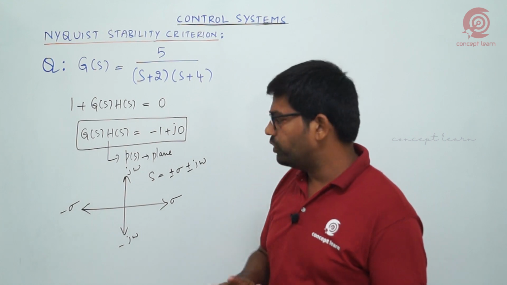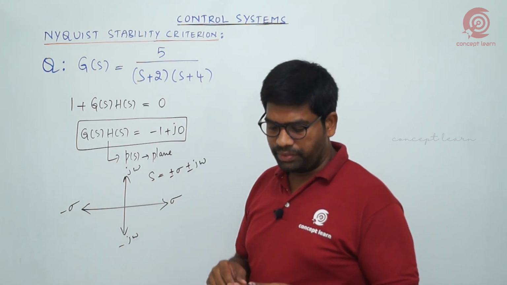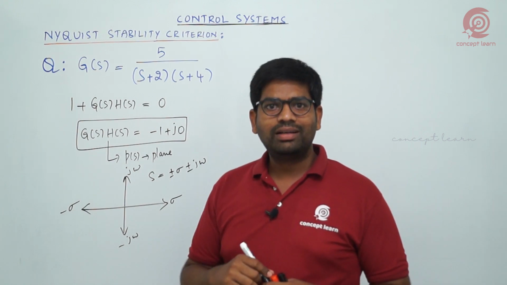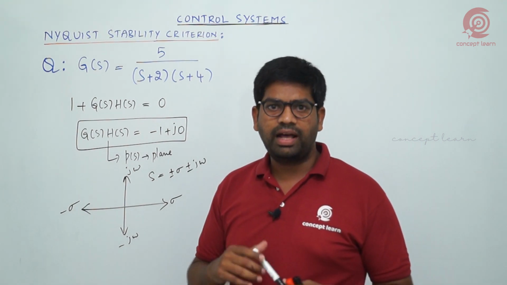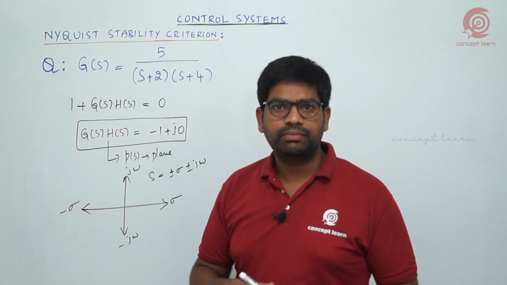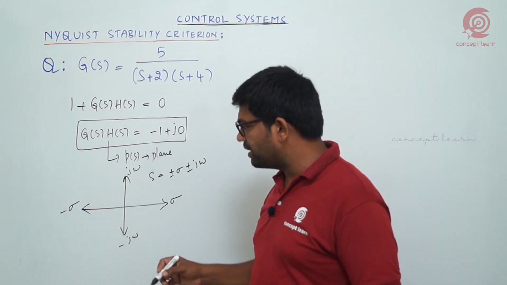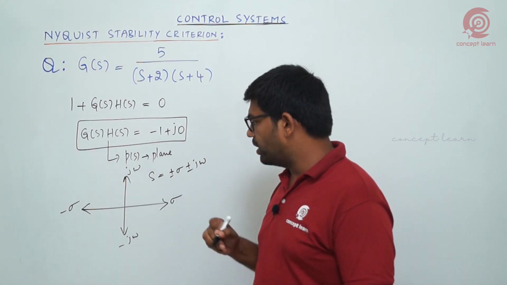But when you map all the points in the S plane to the P(S) plane, what are the different paths we get? If you want to map, we should follow some Nyquist paths. If I want to cover the entire right half of the S plane, look here.